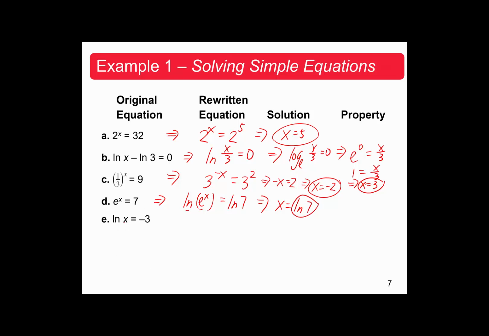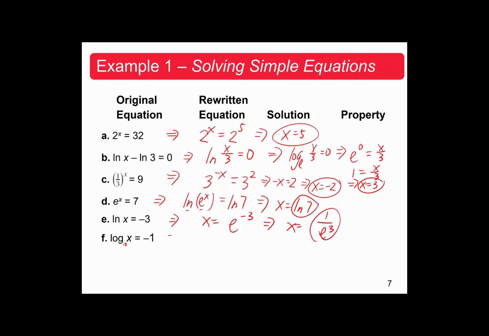And then this one, again, turn it back to the exponent, ln x equal to negative 3, x equal to e raised to the negative 3rd power. To do a reciprocal, x equal to 1 over e cubed. Very similar, log x equal to negative 1, this is base 10 by default.